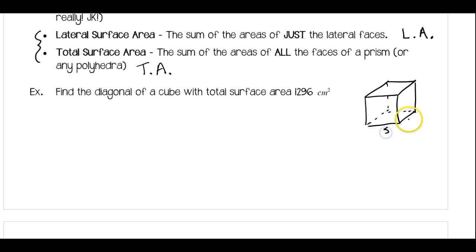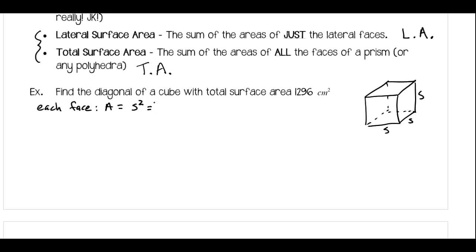I know that my three dimensions are all going to be the same, so I'm going to call those s. And I know that each face is going to have an area. So for each face, the area is going to be s squared.